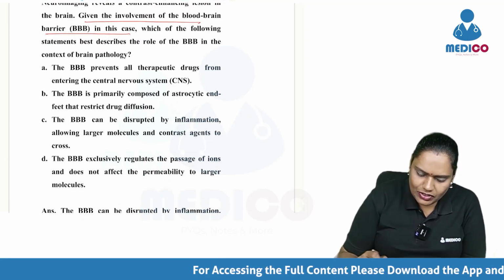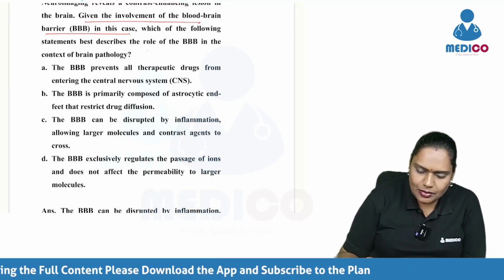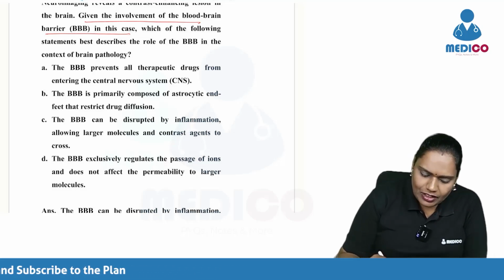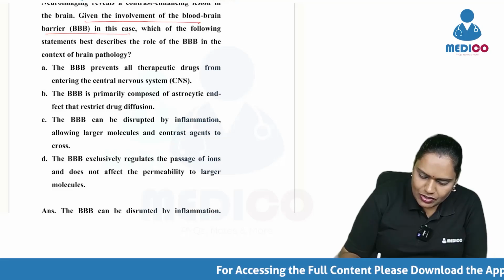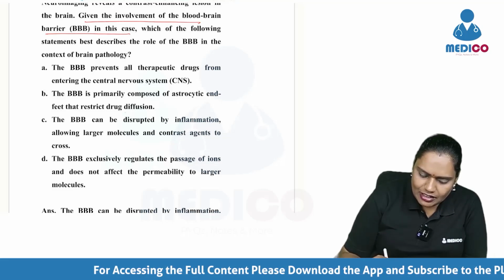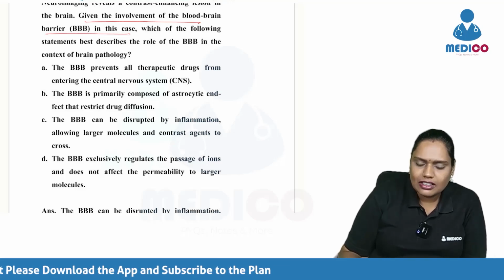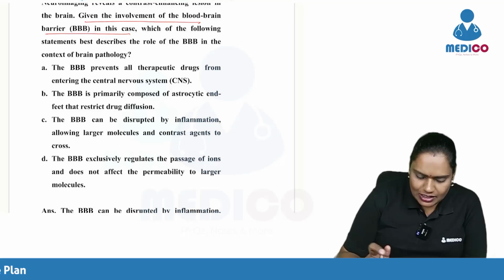What they are asking is, among these four options, which of the following statements best describes the role of the blood-brain barrier in the given subject? Okay, so the blood-brain barrier prevents all therapeutic drugs from entering the central nervous system. Is it true? No. The blood-brain barrier is primarily composed of astrocytic end feet that restrict drug diffusion, but it involves not only astrocytes but also the endothelial cells of the capillary.